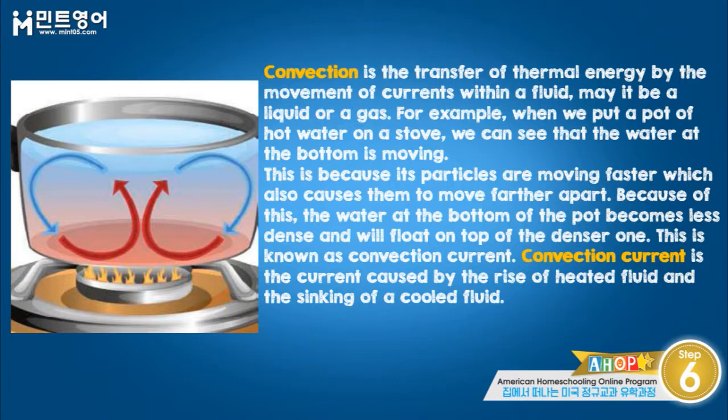This is because its particles are moving faster, which causes them to move further apart. Because of this, the water at the bottom of the pot becomes less dense and will float on top of the denser one.